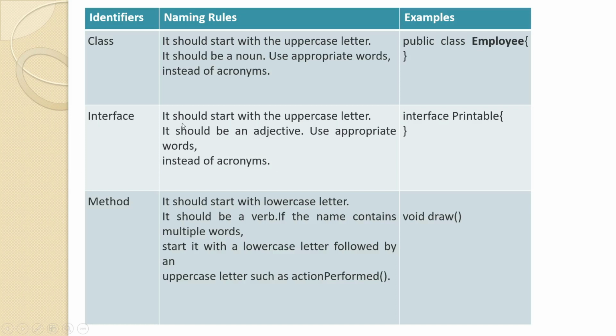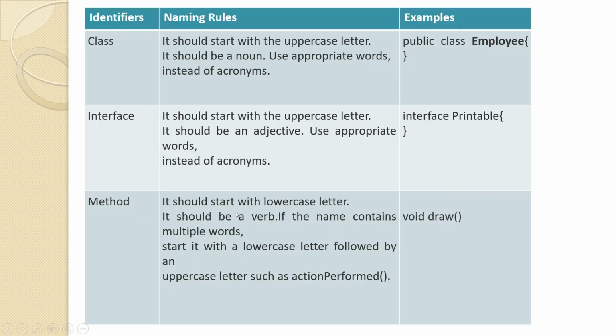Next is the interface. Again, it should start with an uppercase letter, the same as a class. It should have the first letter capital, like P, but here it should be an adjective like Printable. Here you can see a noun like Employee. Next is method. It should start with a lowercase letter and it should be a verb.